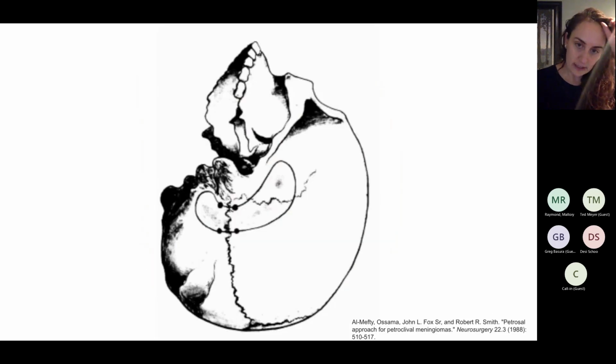This is how Dr. El-Mefdi described his craniotomy. And so he had four burr holes, 2 on either side of the transverse sinus, and then resected a portion of craniotomy from the temporal bone as well as the occipital bone above and below the tentorium.